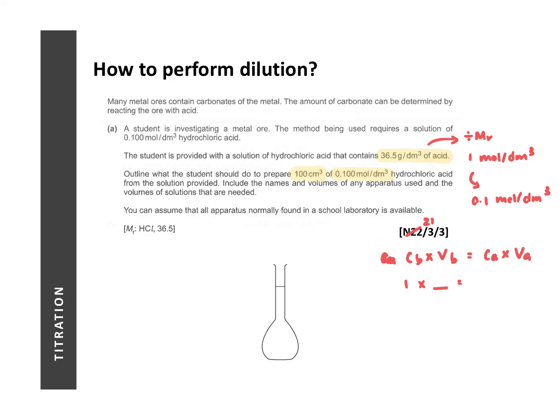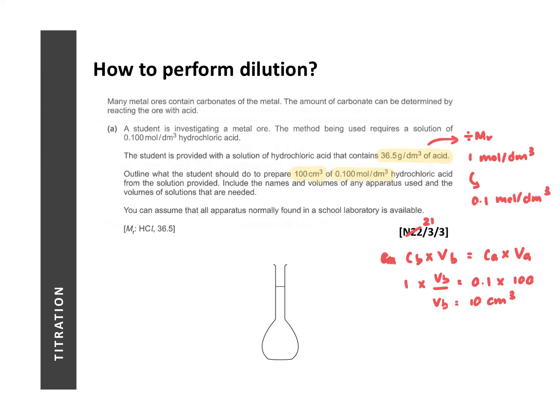The concentration after dilution is 0.1. The volume that we need is 100 centimeter cube. Now when using this equation, there's no need to convert to dm cube, because the denominators will cancel out. So the volumes over here, you can leave as centimeter cube. By solving the equation, you will find that the volume of acid that we need to dilute is 10 centimeter cube.